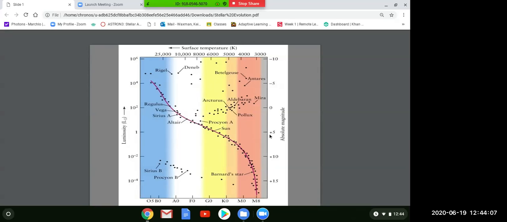What if there was a difference of not 5 magnitudes, but 10 magnitudes? It would be 100 times 100, not 100 plus 100, 100 times 100, which is 10,000. So a magnitude minus 5 absolute magnitude star like Betelgeuse or Antares, which are actually supergiants, are really 10,000 times more luminous, give off 10,000 times more energy than the sun.